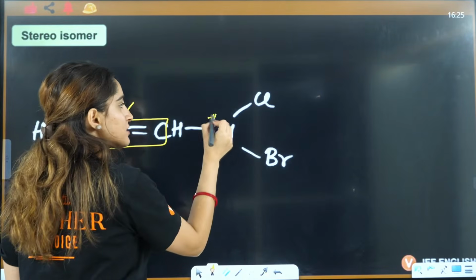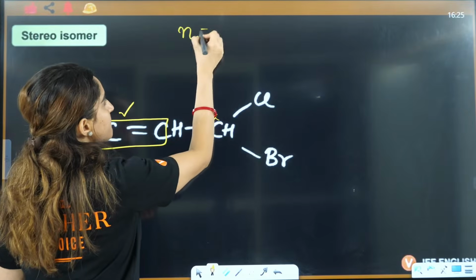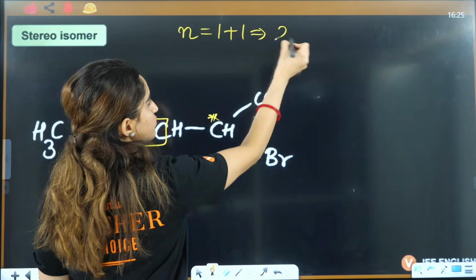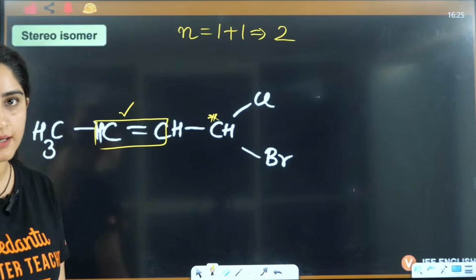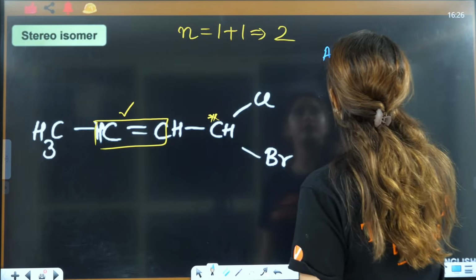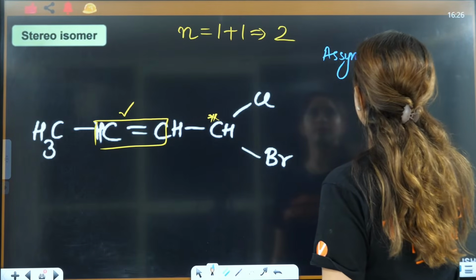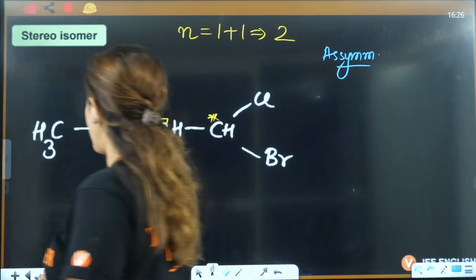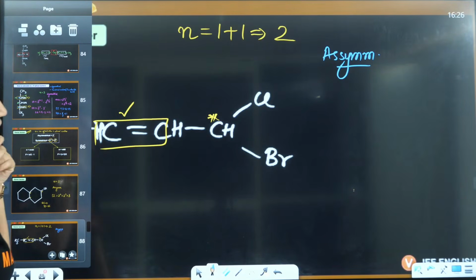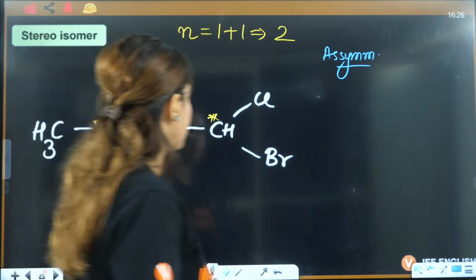This is a chiral center. So that means number of stereoisomer sites is 2. One is GI, one is chiral center, right? And this is a symmetrical carbon skeleton. So in case of symmetrical, P will be, if it is even, n by 2 minus 1, okay?